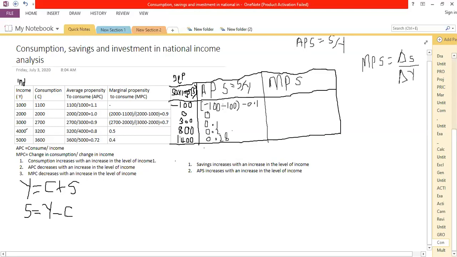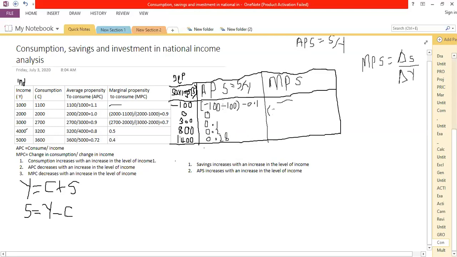So let's determine our first level. There's no comparison point, and therefore we have a dash. You cannot compute that particular value. The second point can be compared with the first point where the savings are at 0.